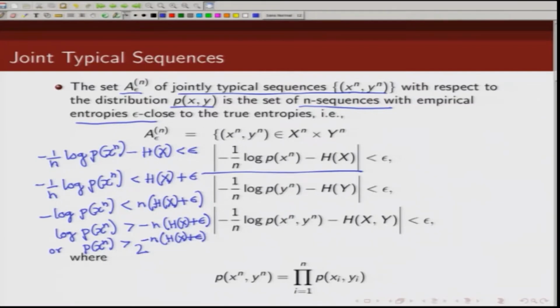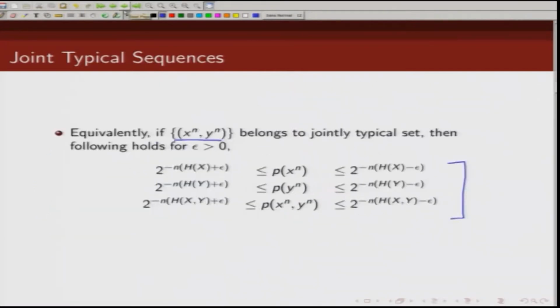And this is what I have written, that P of x^n is greater than 2 raised to power minus n H of x plus epsilon.